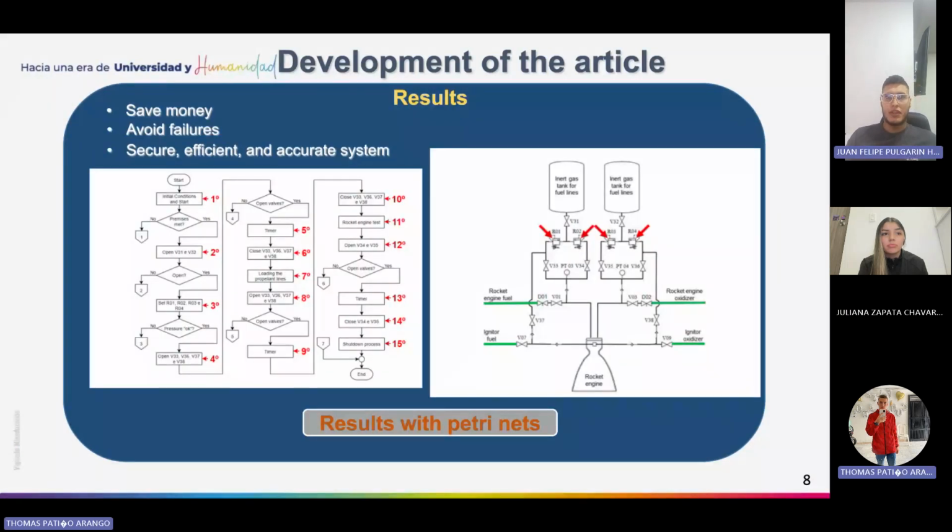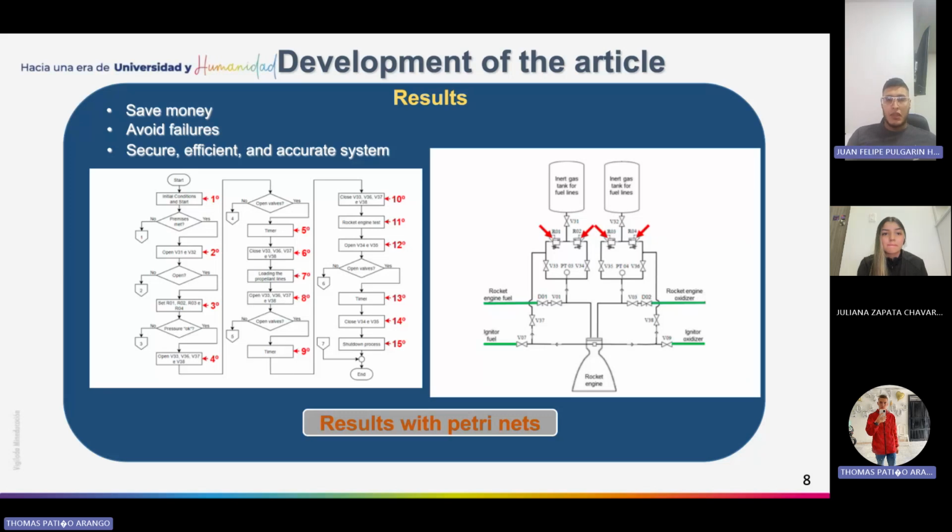So continuing with the development, as we can see here, we have a flow chart, which was essential for the development of the Petri net. And finally, as we can see here on the right, we have this sketch.